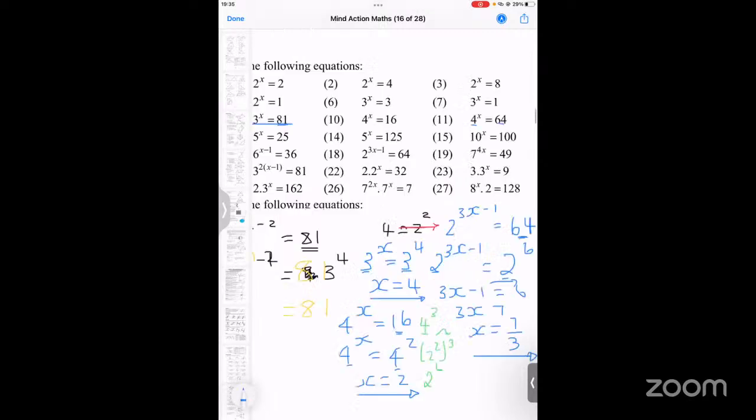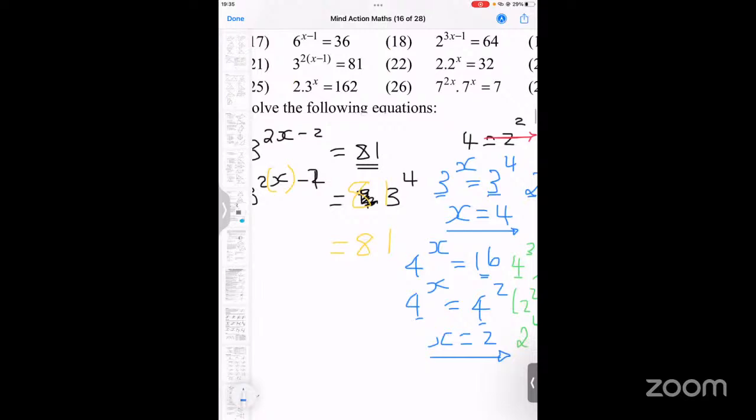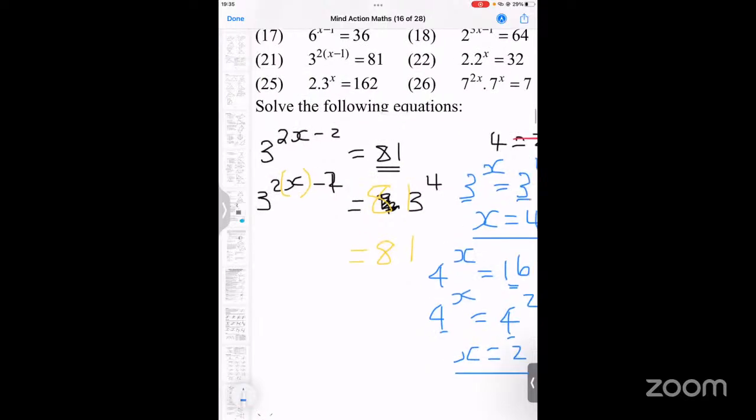Then let's look at 22. That 22, Langlihle, do you think you can work it out? Wait, what number? No, not 32, but 22, that one. Oh, yes. Okay.